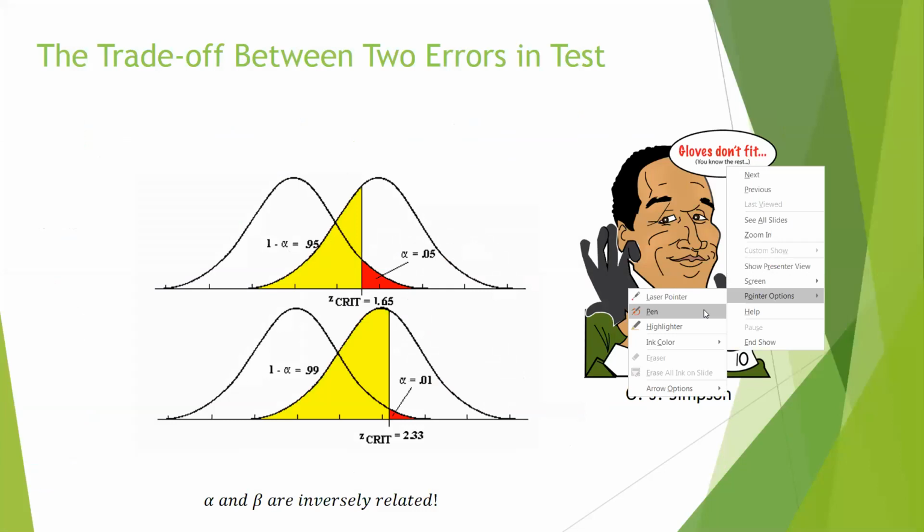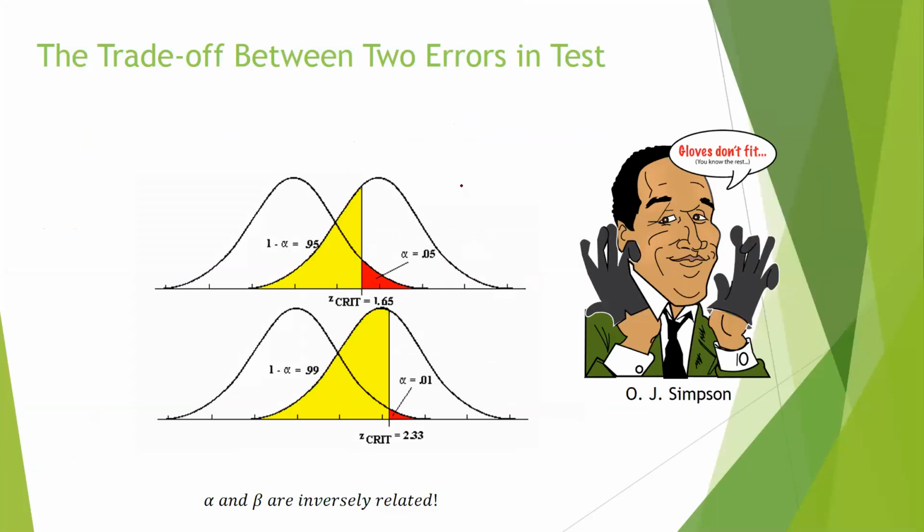Okay, so let's look at the relationship between the type 1 error and the type 2 error. Suppose this is the null hypothesis, and of course, the second distribution is the alternative hypothesis.